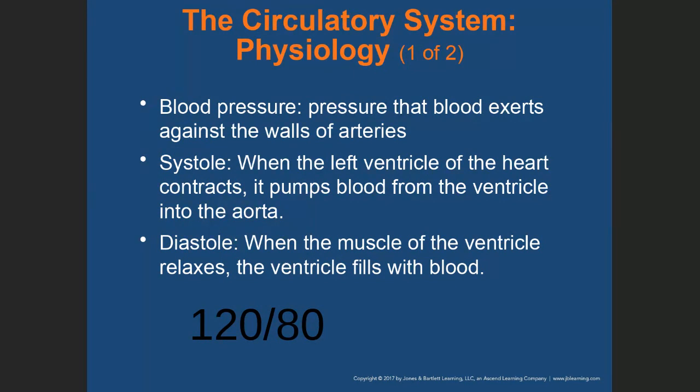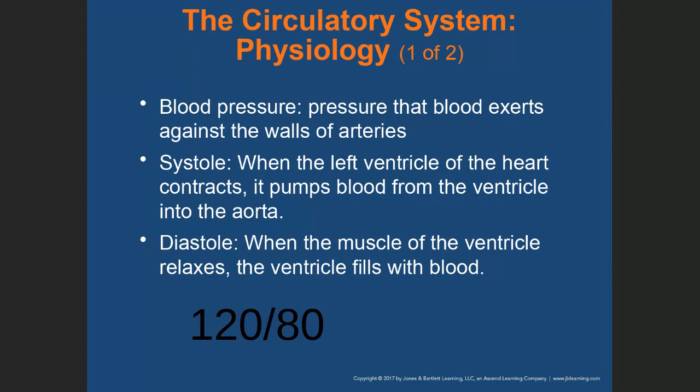So there are 2 types of pressure created when the heart is about to contract. There is something that is referred to as preload, and there is something that is referred to as afterload. Now, the preload pressure is created when the heart stretches and fills up with blood. That's the pressure that is built up before the heart contracts.